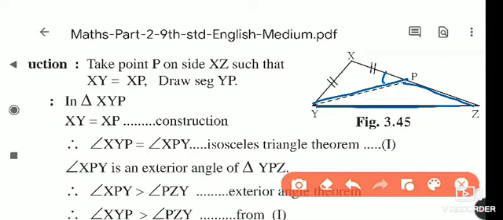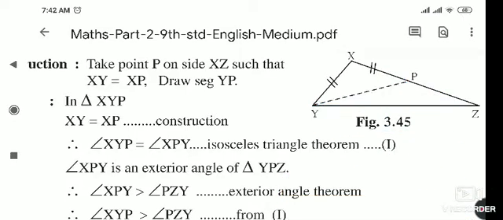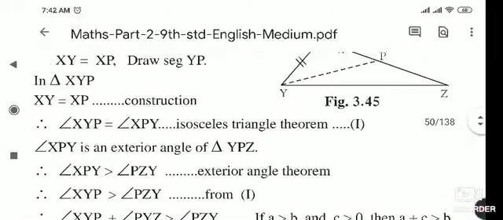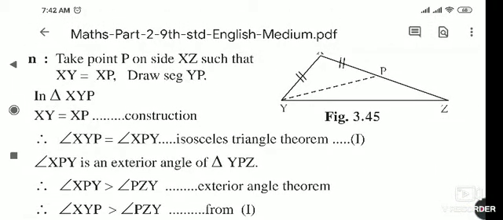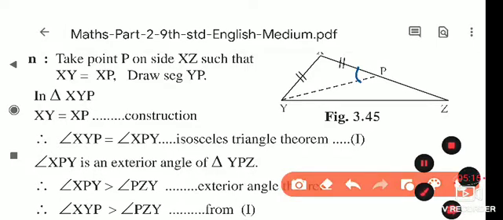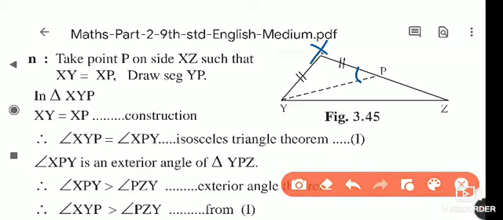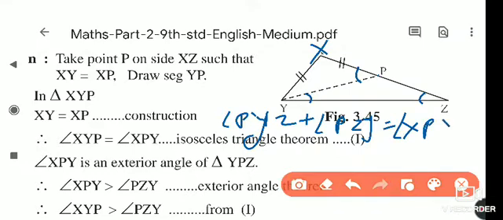And as we know, the exterior angle XPY is equal to angle PZY plus angle PYZ, meaning this angle plus this angle. The sum of angle PYZ and angle PZY is equal to angle XPY.